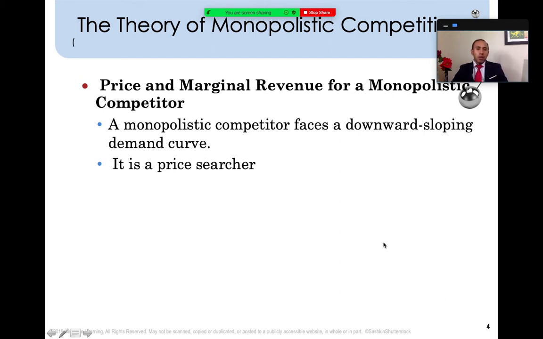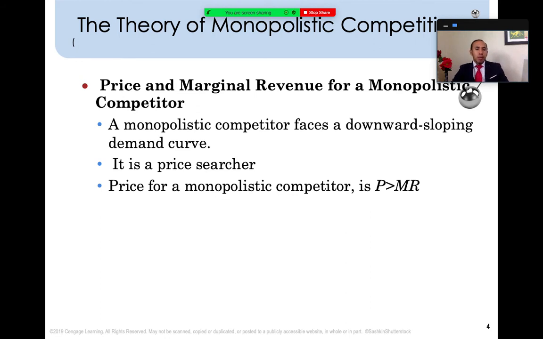The firm is considered to be a price searcher, a price maker, or a price setter, because it's attempting to maximize profit or generate normal profits, but it has similar categories to a monopoly, in that it is a price maker and has the ability to influence the price of the good.